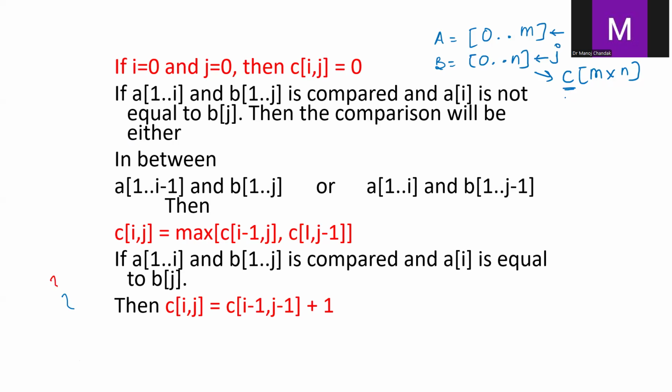Since C is a two-dimensional matrix, it will be denoted as C of i j, and then it can be generated with A and B as input.